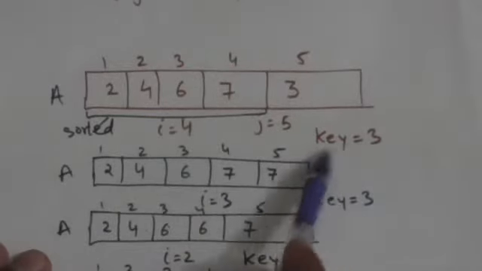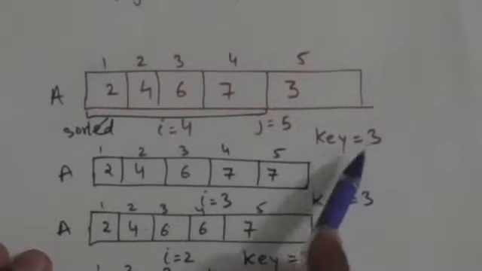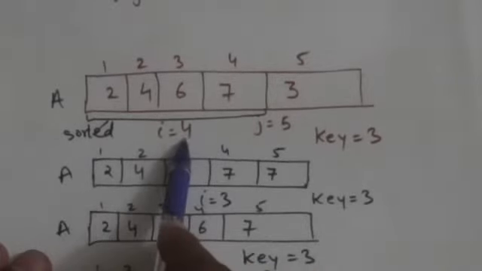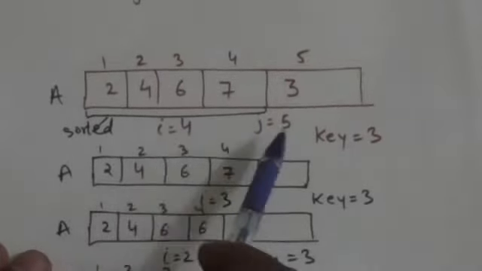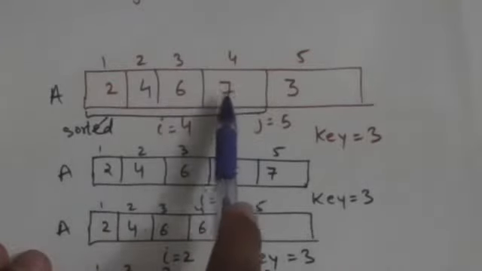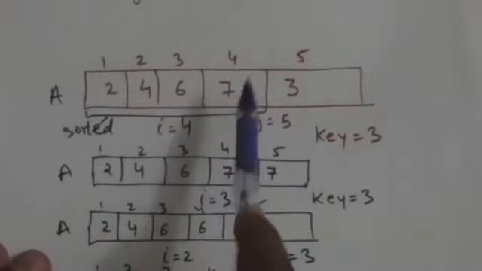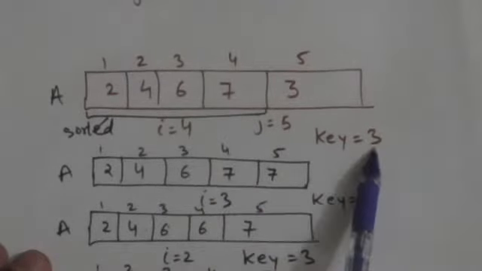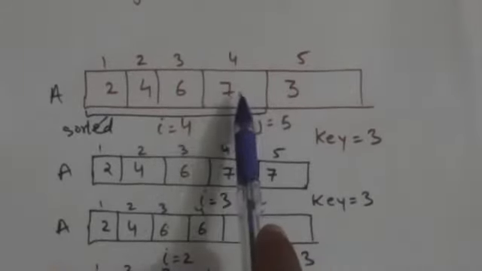Now we will compare the value of key with the element which is stored at index I. The element stored at index 4 is 7. It is greater than key, so what will we do?